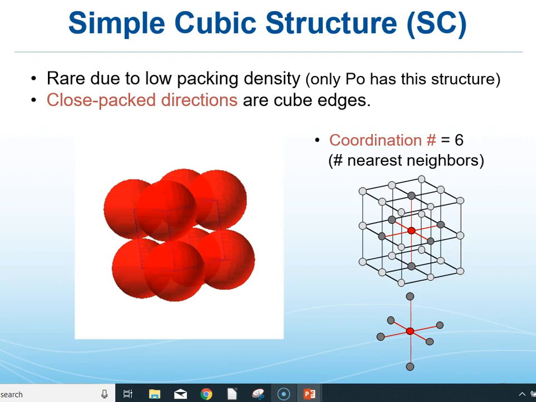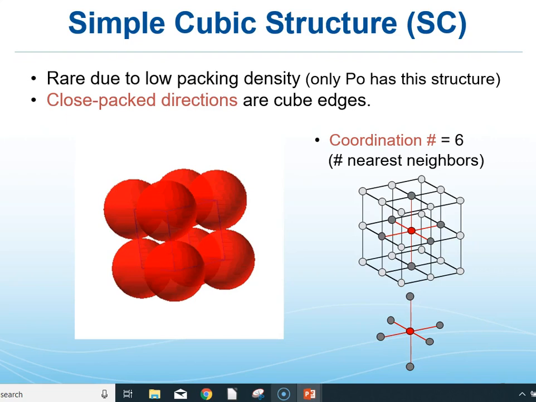An important characteristic of every crystal structure is what we call coordination number. If you're a chemist, you've seen this with hybridized orbitals and you've seen it with complexes. It has the same meaning here more or less, and that's the number of other atoms that surround any one atom. So if you look at the picture of the red atom, that's one of the atoms in a simple cubic structure.